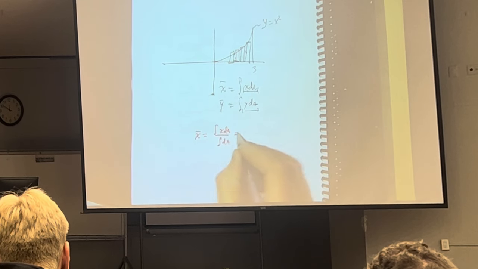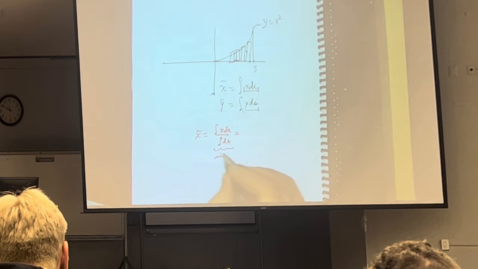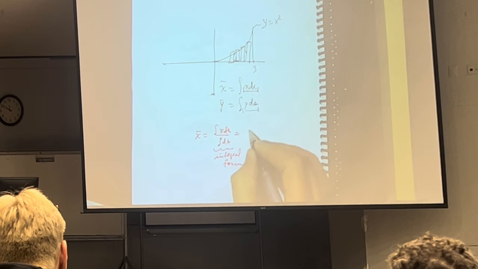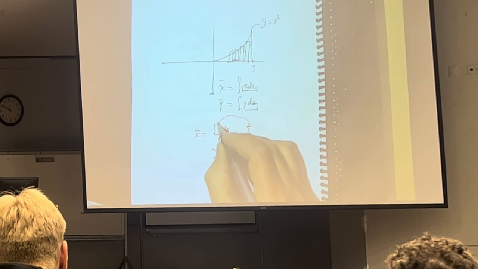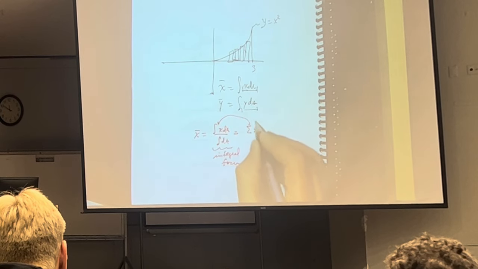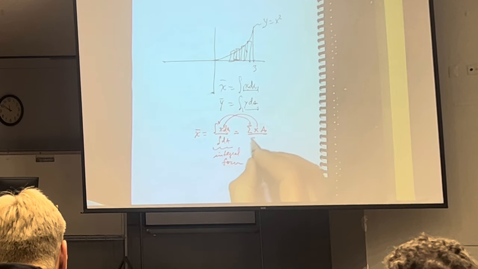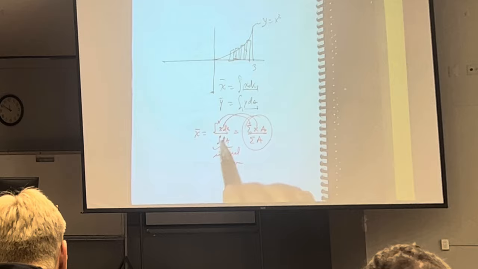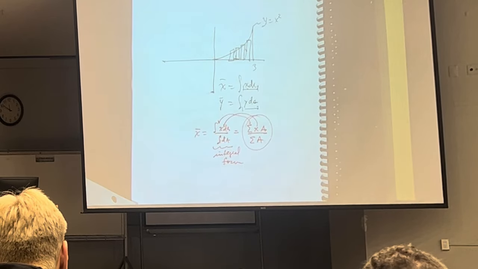Well, in discrete form, this is the integral form. In discrete form, it's summation of x for that piece times A, divided by summation A. So this is the discrete form of these two that we found before.